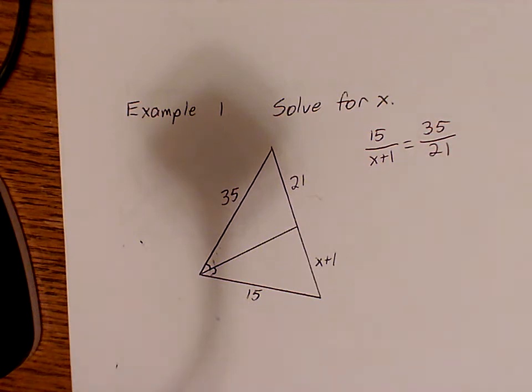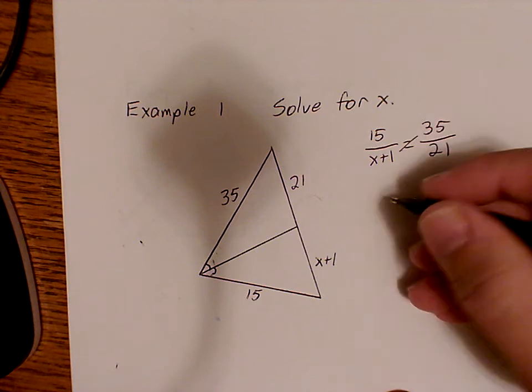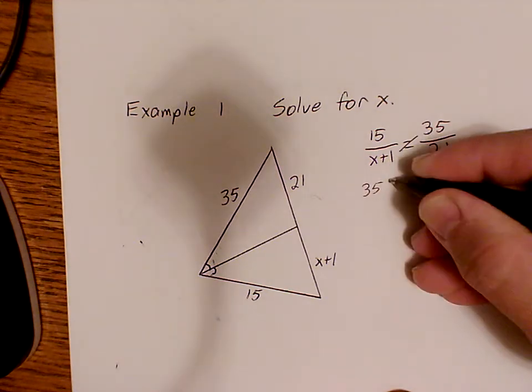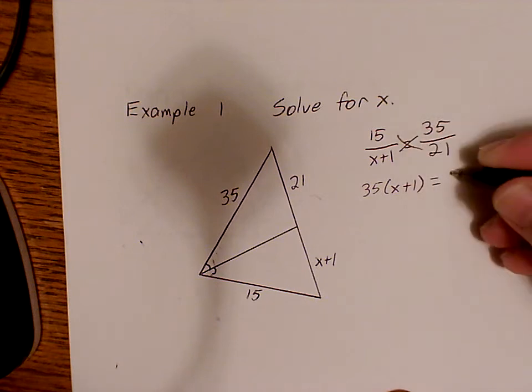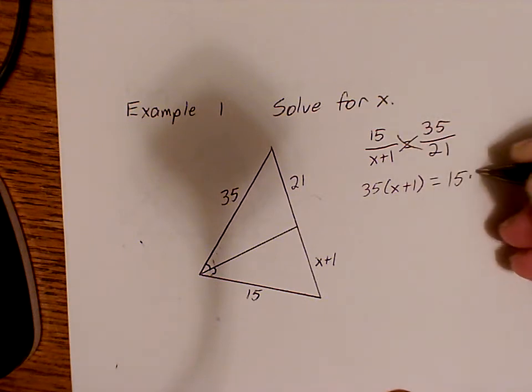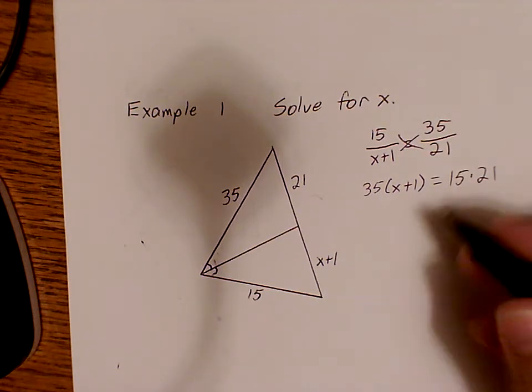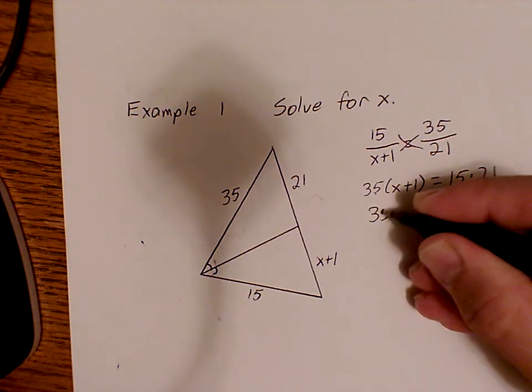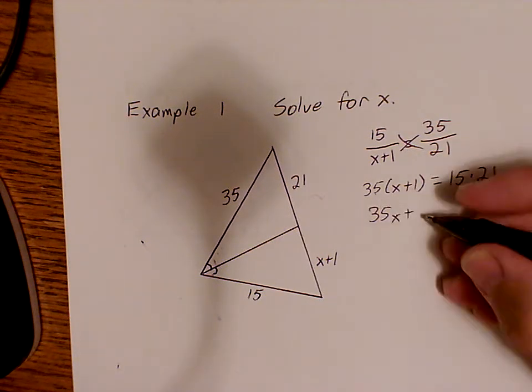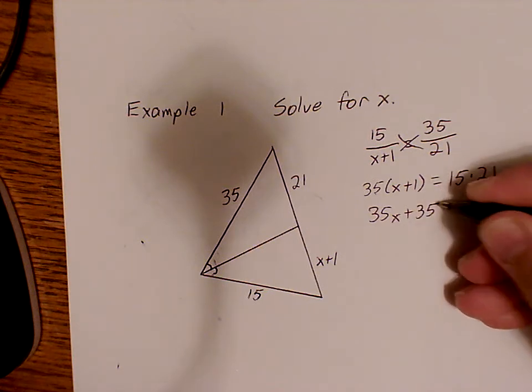So now that I've got that, it's just a matter of cross multiplication. So x plus 1 is going to get multiplied by 35, and 15 is going to multiply 21. All right. Now I'll distribute 35 times x, 35x. 35 times 1 is 35.